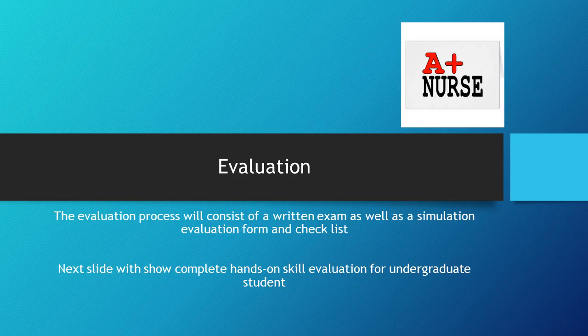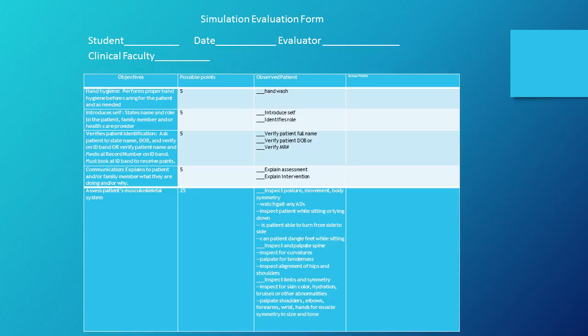The evaluation process will consist of a written exam as well as a simulation evaluation form and checklist. The next slide will show a complete hands-on skill evaluation for undergraduate students. The simulation evaluation form will look for certain things that the student would be doing. For example, hand hygiene, that the student introduces themselves, verifies the right patient, and communicates with the patient or family member.